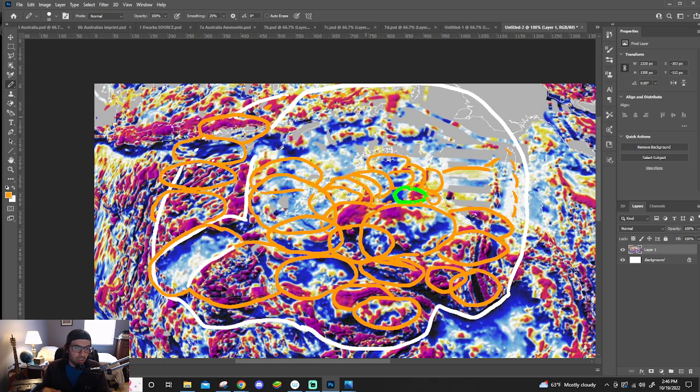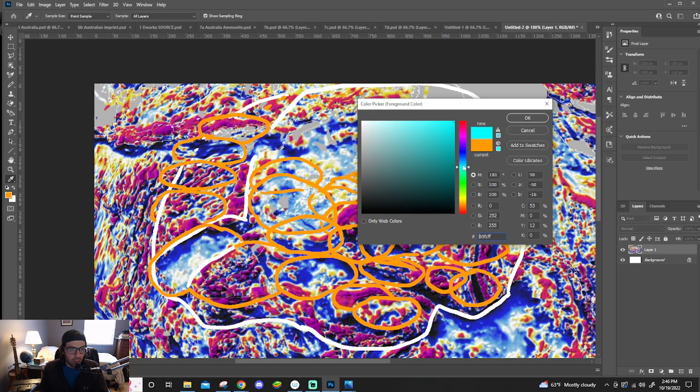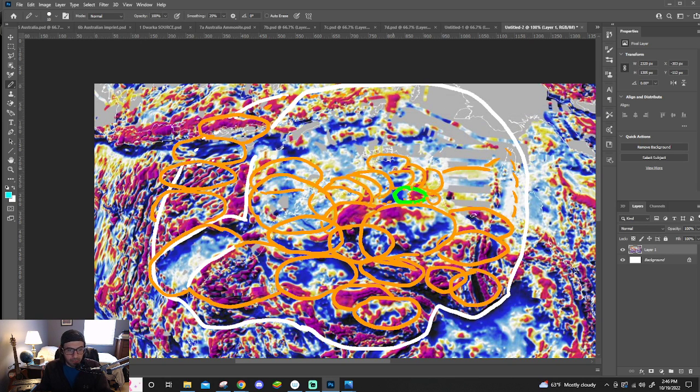Let's get some currents in here. Maybe like a nice teal. So the currents were coming in this way. And this way. And this way in bulk.